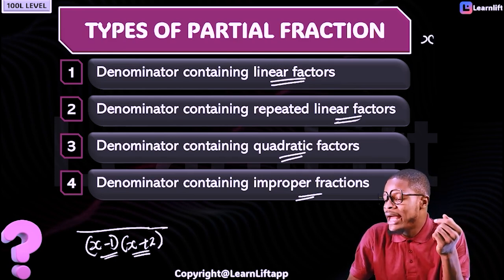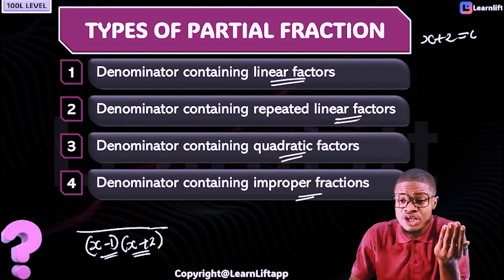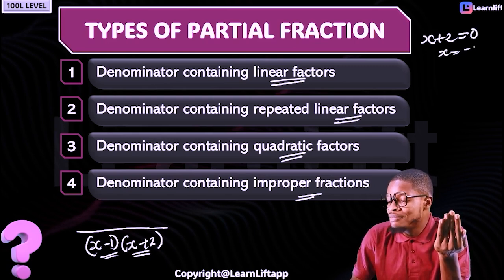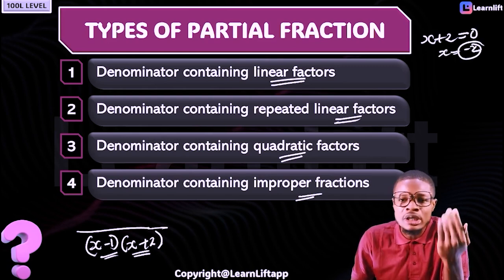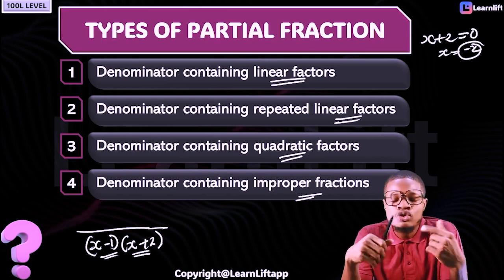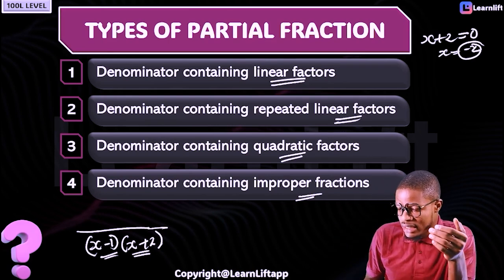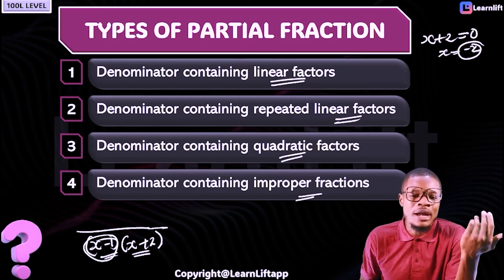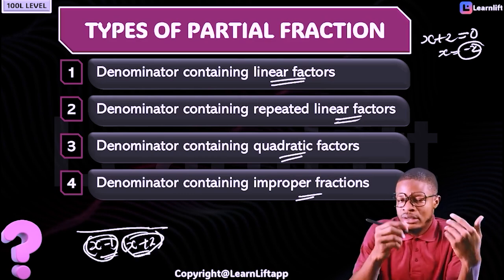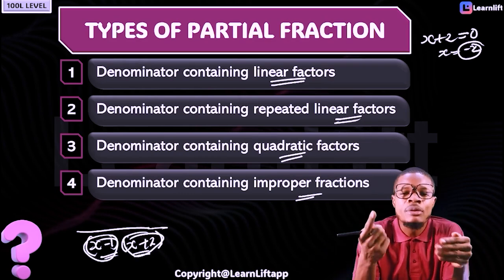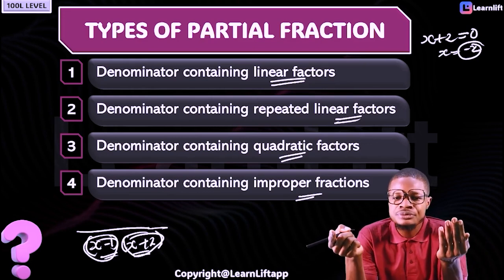For example, x plus 2 equals 0. What's the value of x here? x is minus 2. So one unknown is what you have in a linear factor. Check the denominator here: x minus 1, one unknown; x plus 2, another one unknown. That's a denominator containing linear factors.